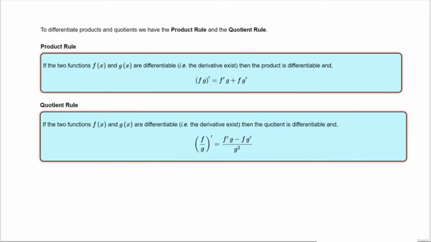So next we're going to discuss the product rule and the quotient rule. It says that if the two functions f of x and g of x are differentiable, that is, the derivative exists, then the product is differentiable. And the notation is, the derivative of fg is equal to f prime of g plus fg prime.